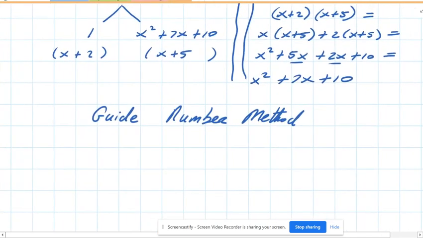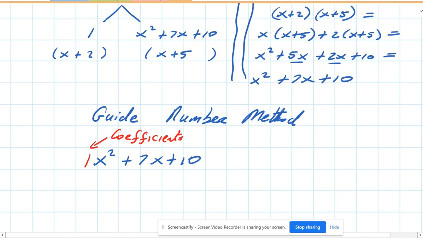Let's take that one again, x squared plus 7x plus 10. Now I'm going to put a 1 in front of the x because there's one. The number in front is very important here. They're called the coefficients. There's actually another one here, and there's another one here.